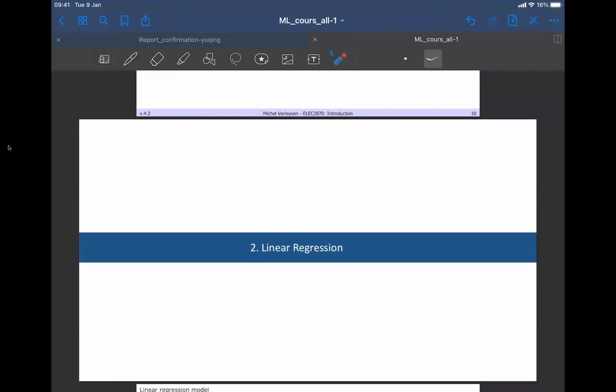Other questions? Okay. Yes, sir. Yes, thank you very much. Like that, we do not need to enter codes in machine learning, isn't it? Why not what?